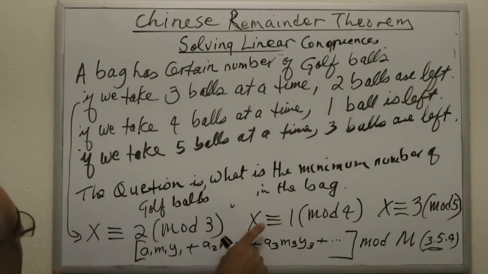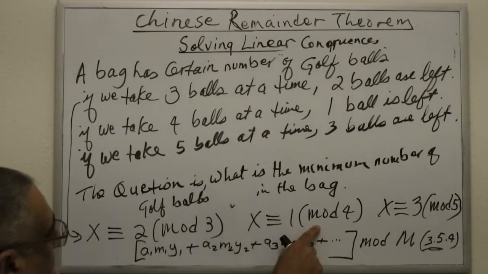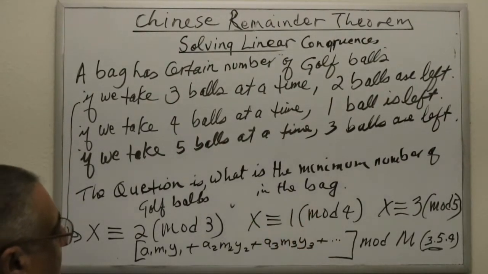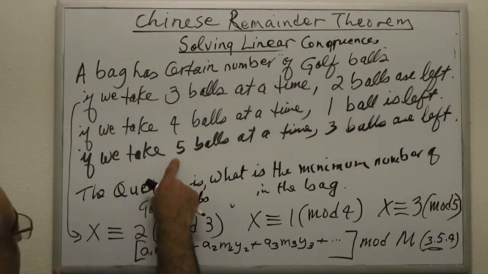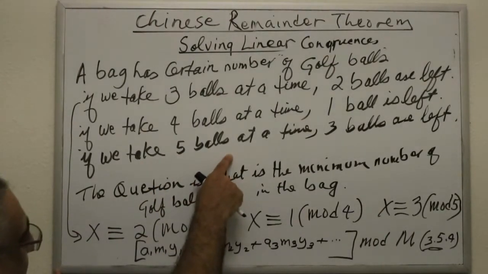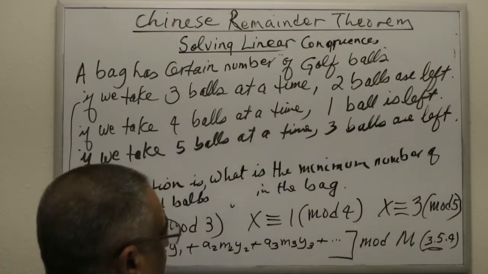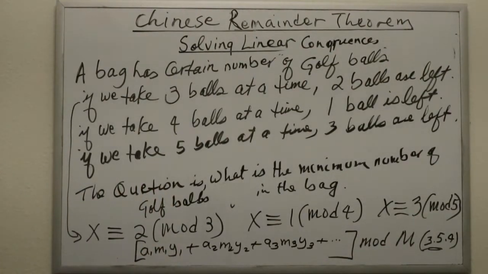Second one, when we took 4 balls out, we have 1, and so x is congruent to 1 mod 4. And then the third scenario, when we took 5 balls out at a time, we have 3 left, so 3 mod 5. So these are my x's. So now my goal is to figure out what is the minimum number of balls, how many balls were there.